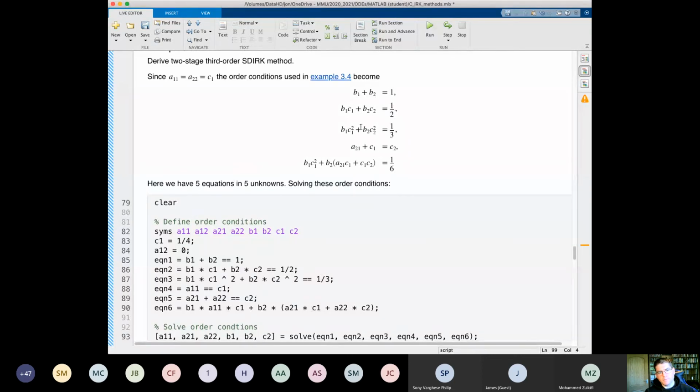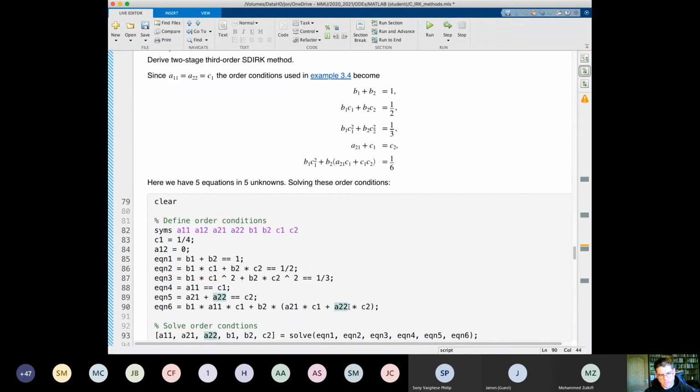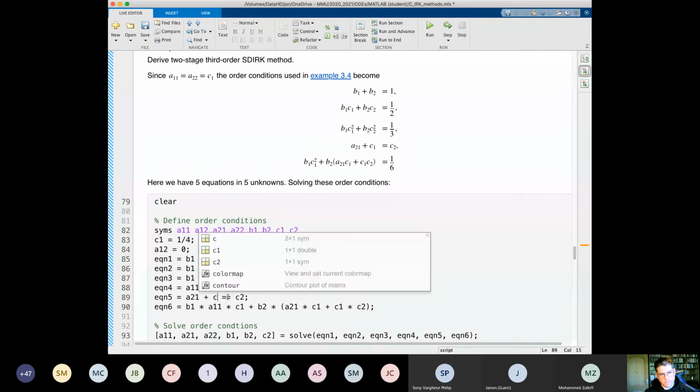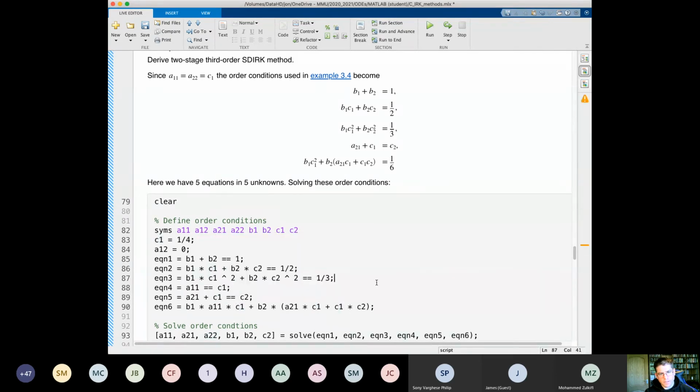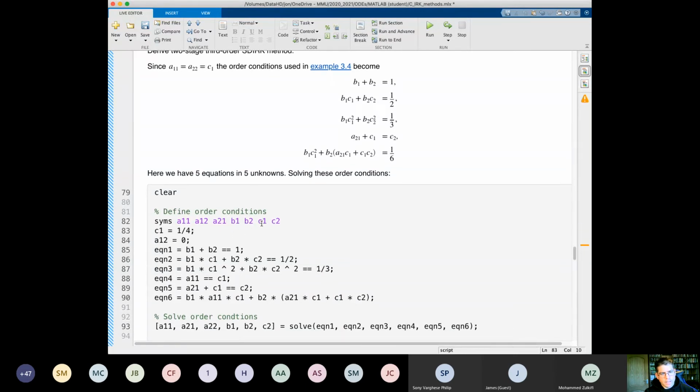But what you've got to remember is I'll include this condition here, A11. But what we're going to remember is that A22 is also equal to C1. So where I see A22, I'm going to replace it with C1. Just those two places, and I'm not solving for A22 anymore, so I don't need it.